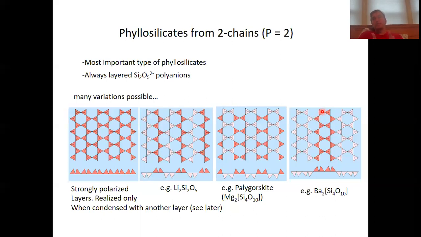But again, the chains are interconnected in a different way. So now, in this example, we have basically 2 chains of the same type interconnected, followed by 2 chains here and here of the other type being interconnected.